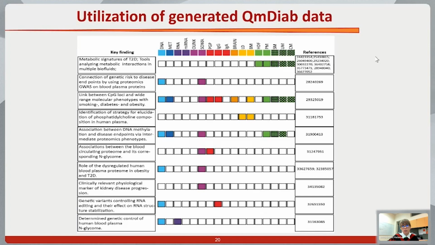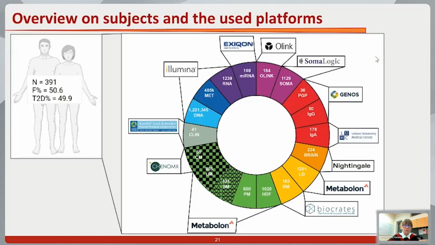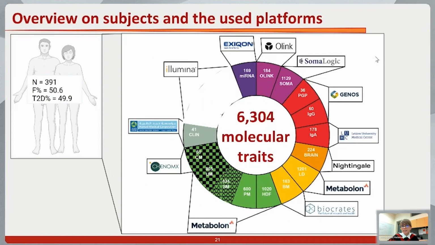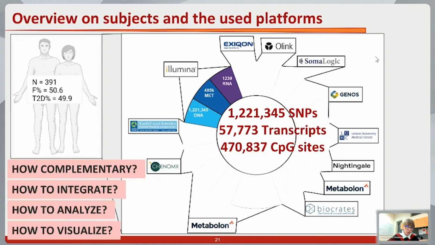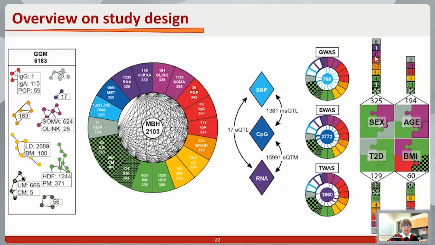Also, it's important to mention that QM-DIAB frequently serves as a cohort for replication. So right now, having all of this data, which is over 6,000 molecular traits, over 1 million SNPs, 50,000 transcripts, and almost 500,000 CpG sites, we are in fact in a position to talk about the complementarity of the platforms, the way of their integration, also analysis and visualization.